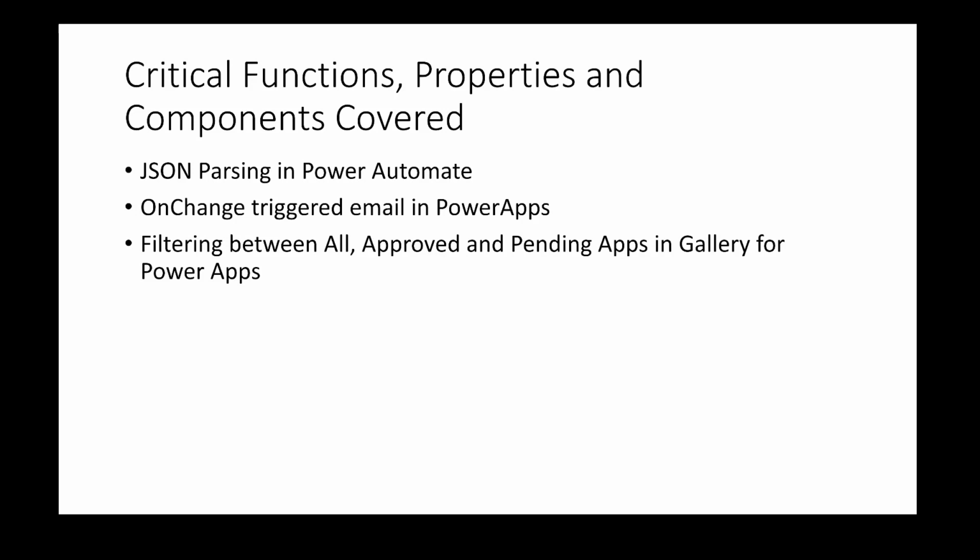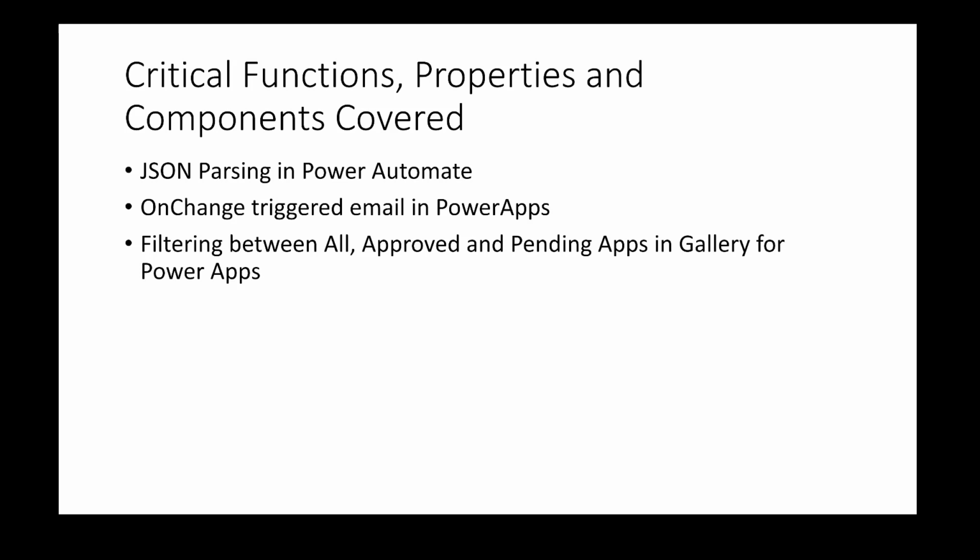Some of the critical functions and properties we will be looking at is using JSON to parse out from the form and its submission where the attachments are stored, and we will then use Power Automate to move them into a SharePoint list.